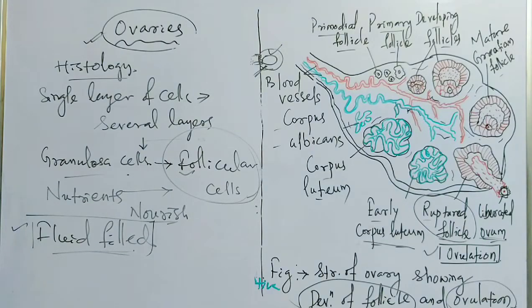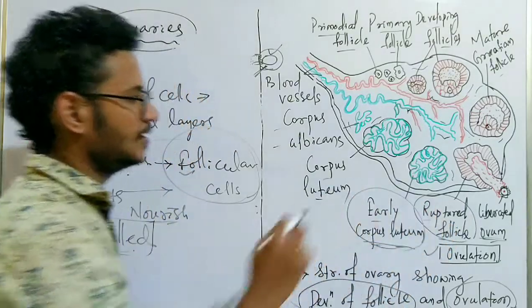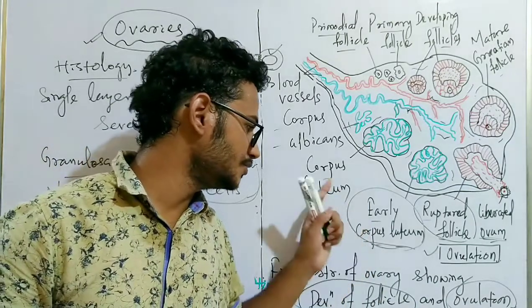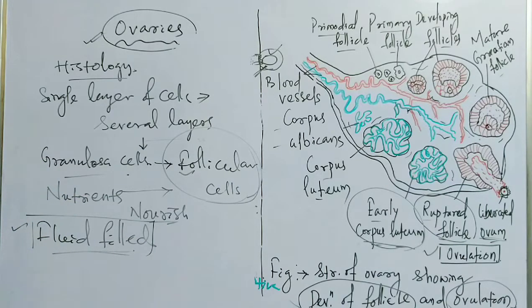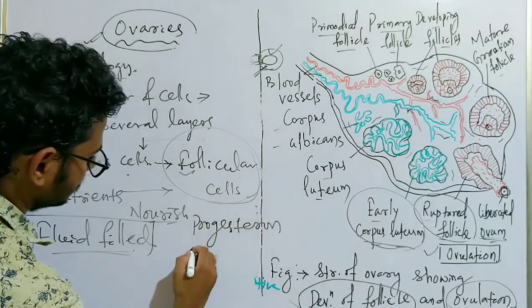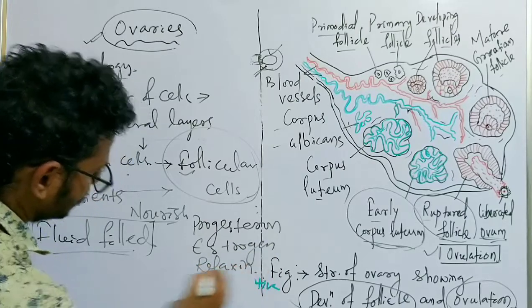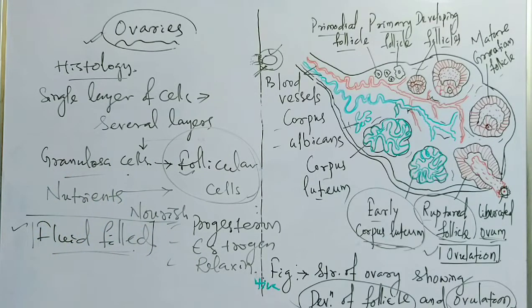Okay, so ovulation. The corpus luteum is produced after the Graafian follicle is ruptured, and I told you that this corpus luteum is important for the secretion of the female sex hormones: progesterone, estrogen, relaxin, and it also secretes inhibin.